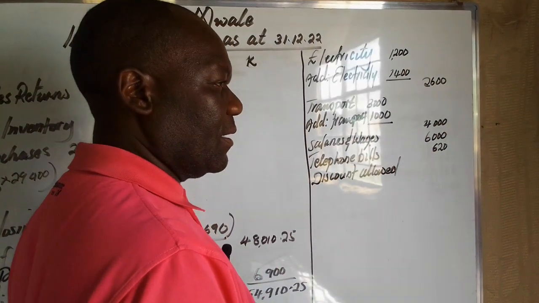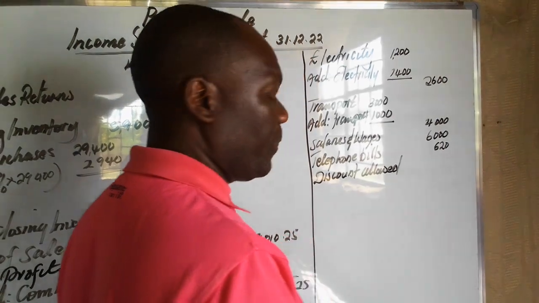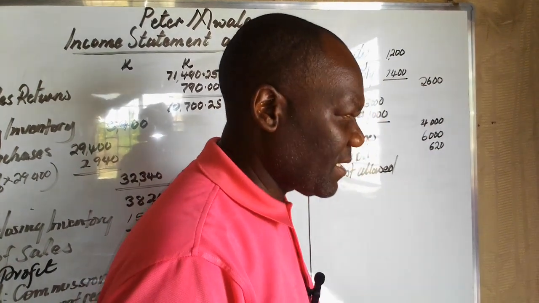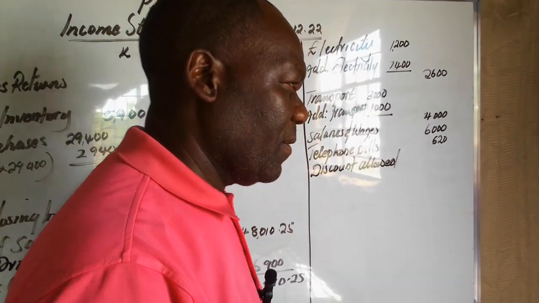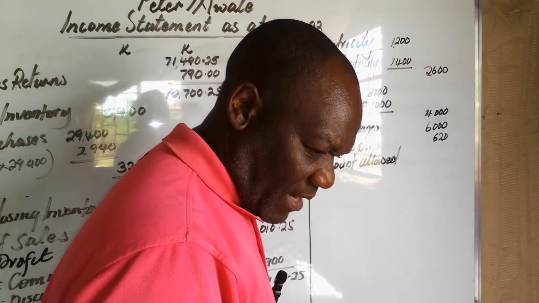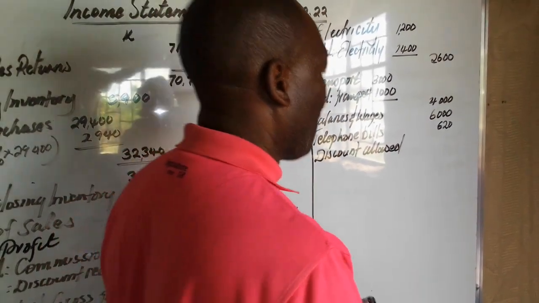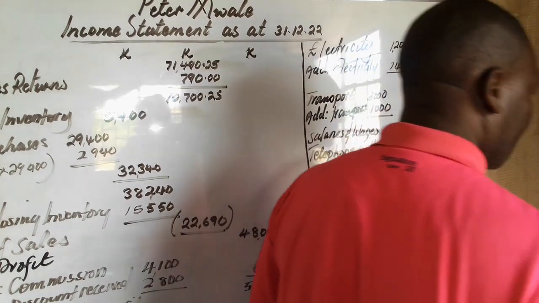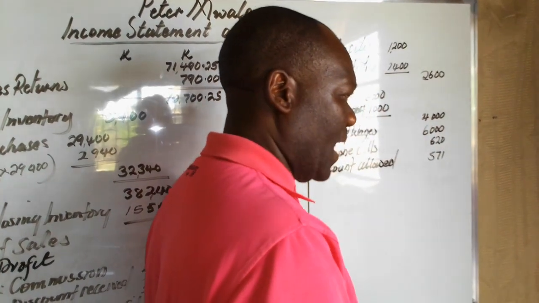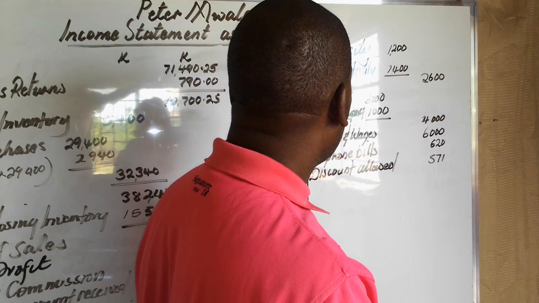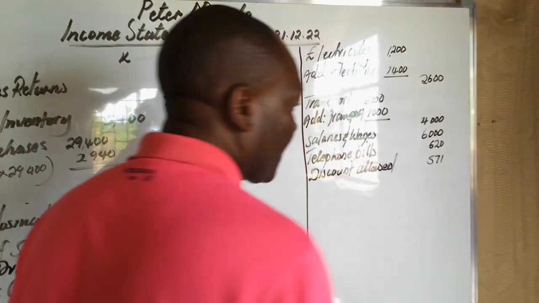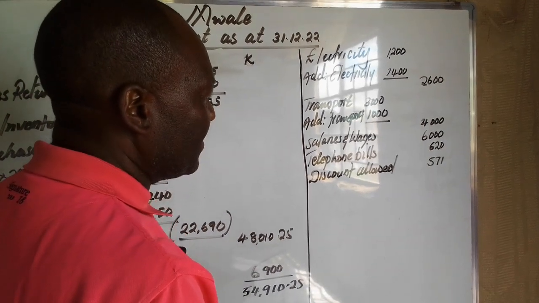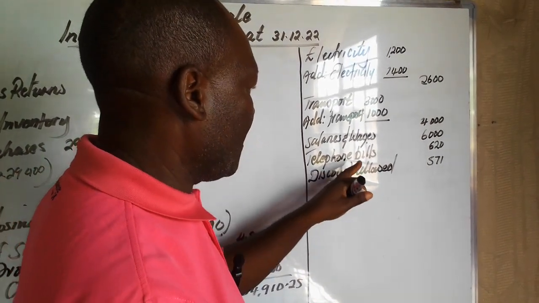He allowed a discount of 571 in the question. Okay, there was a discount allowed of 571.